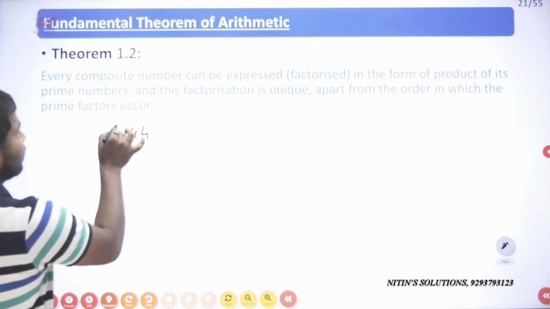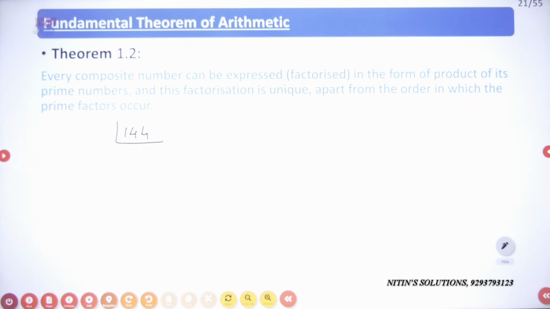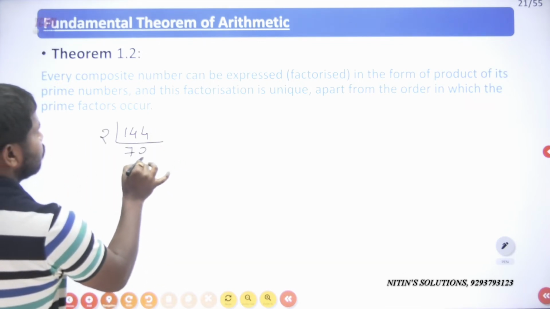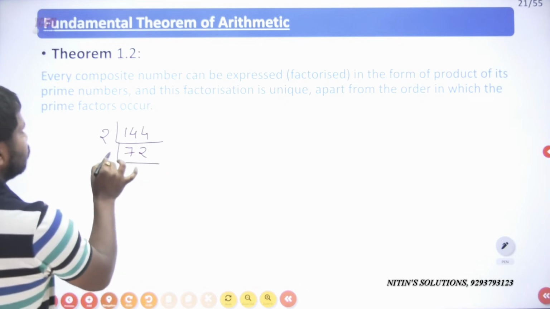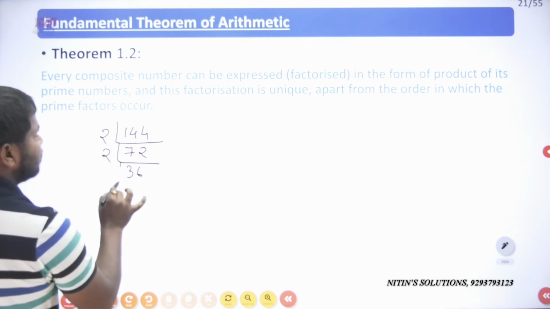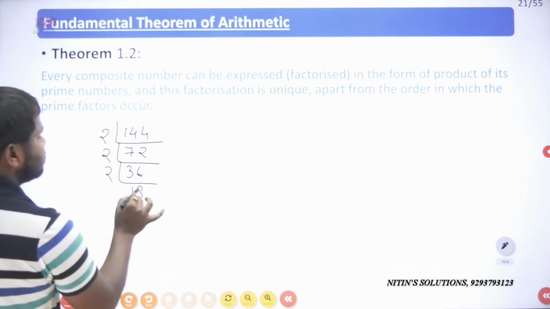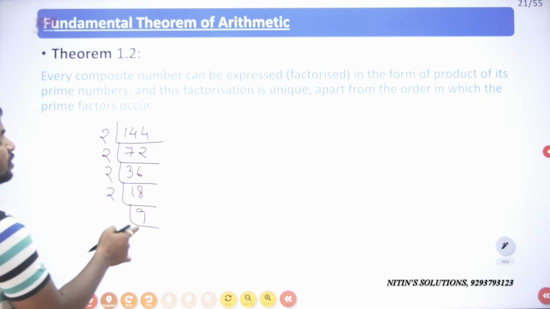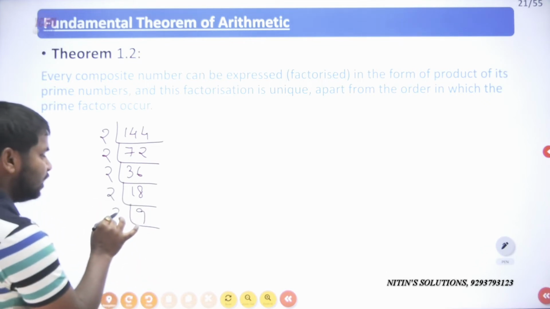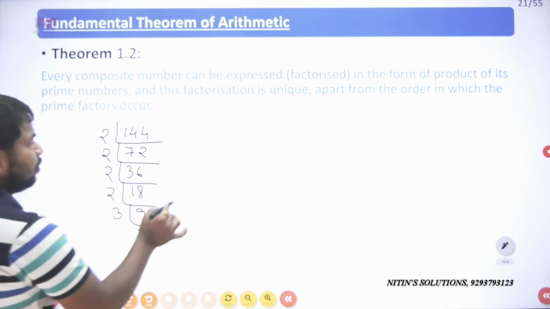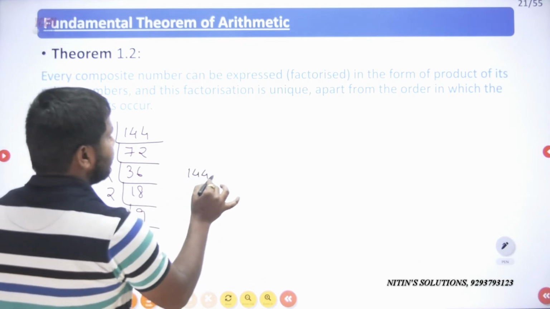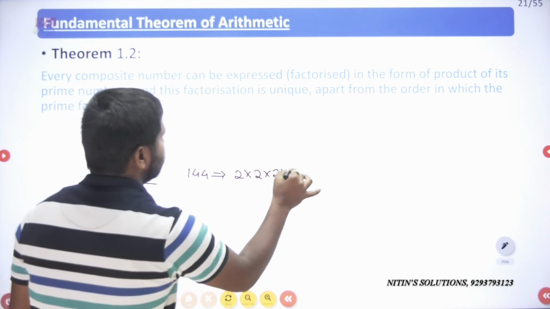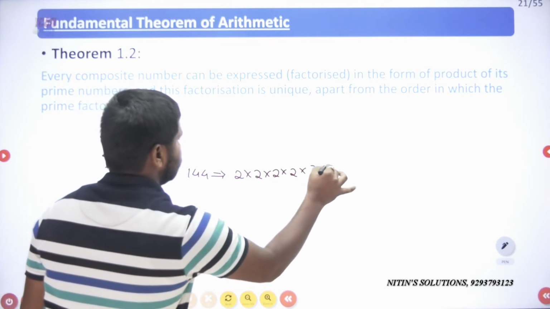When you write the factorization for 144: 2 72s are 144, 2 36s are 72, 2 18s are 36, 2 9s are 18, and 9 is not divisible by 2, so again I need to divide with the number 3. So 144 can be expressed as what, sir? 2 into 2 into 2 into 2 into 3 into 3.